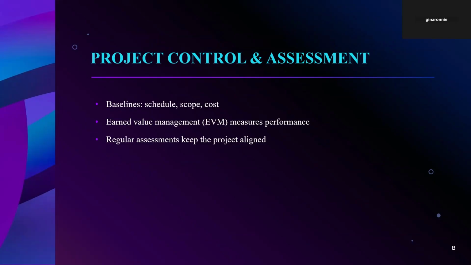Project control involves tracking progress against baselines for scope, schedule, and cost. Earned value management, EVM, offers objective insight into schedule and cost performance, whereas regular assessments help identify deviations early so corrective actions can be taken before issues escalate.